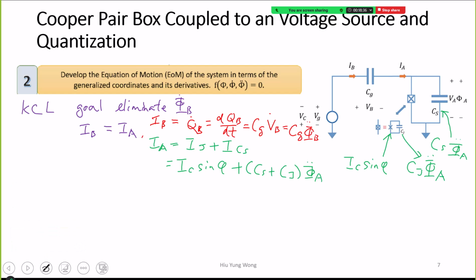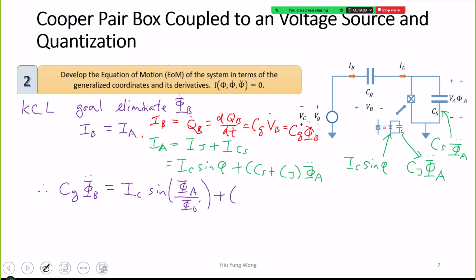Then I can now equate them. I_B is equal to (C_G plus C_B) phi_B double dot, which equals I_C sin phi plus (C_S plus C_J) phi_A double dot. Here I will jump a little and see if you can answer why I can write this.